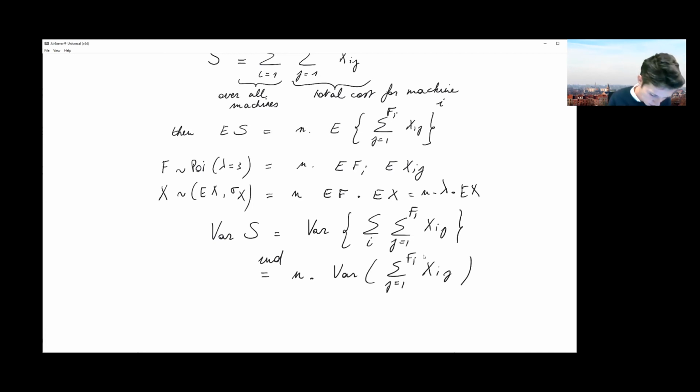Right? And this is something we learned. So how would you express the variance of this compound sum? I think we did that earlier on last week. So that would become n times the expected value of F times the variance of x plus the variance of f times the expected value of x squared.